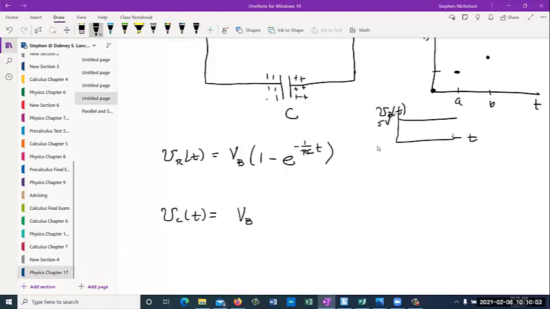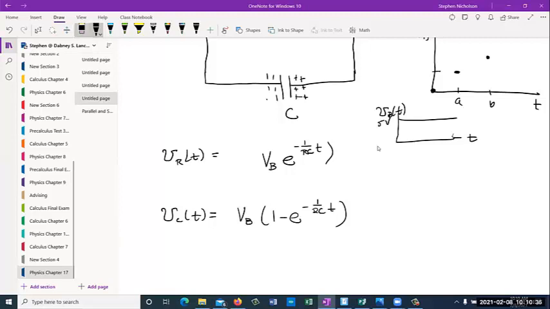I got these the wrong way around. Let me make sure I'm doing this right. I may have them mixed up. Actually, I do have them mixed up. This one should be this. This is the resistor. So let me copy that down, and sorry about that. This one actually is that.